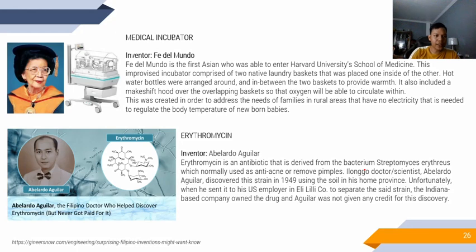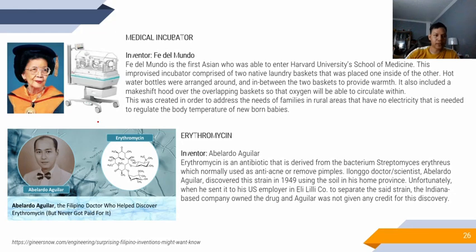And also the inventor of the medical incubator. The inventor is Dr. Fe del Mundo. Fe del Mundo is the first Asian who was able to enter Harvard University School of Medicine. This improvised incubator comprised two native laundry baskets placed one inside of the other.